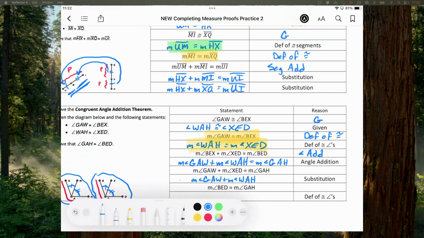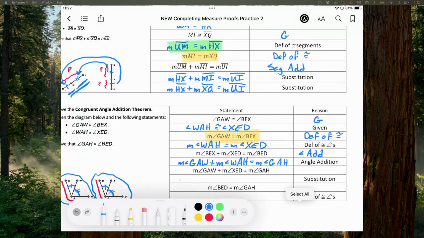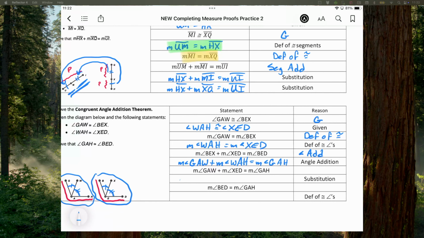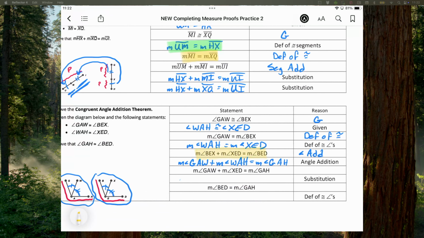No, that's actually not what I want to do. Let me think for a moment. We need to get BED in there somehow. So we're going to say that BEX and XED make BED.